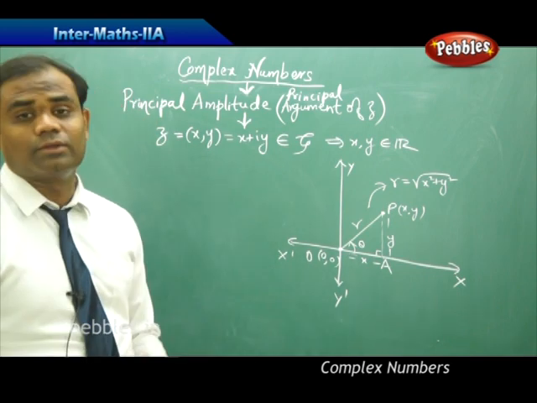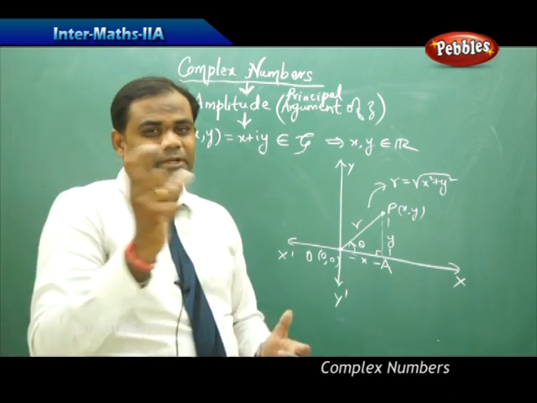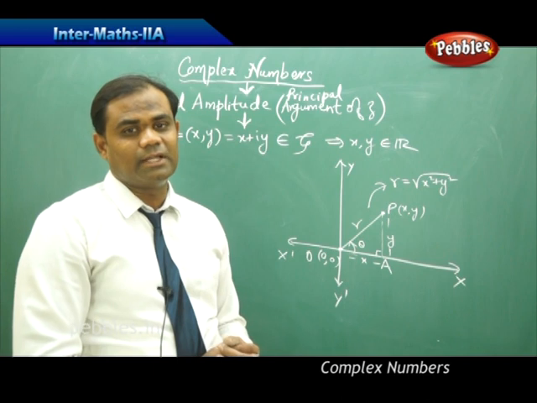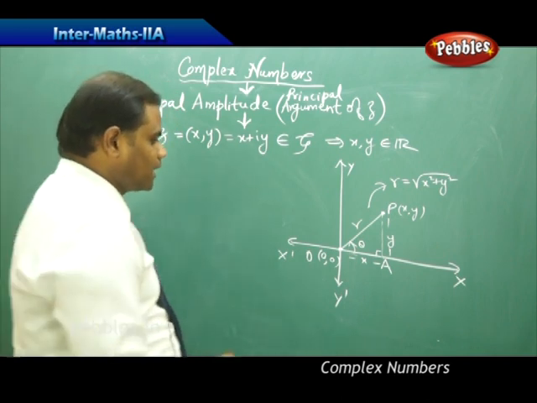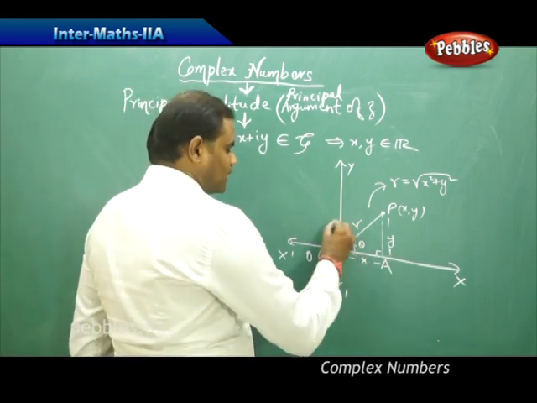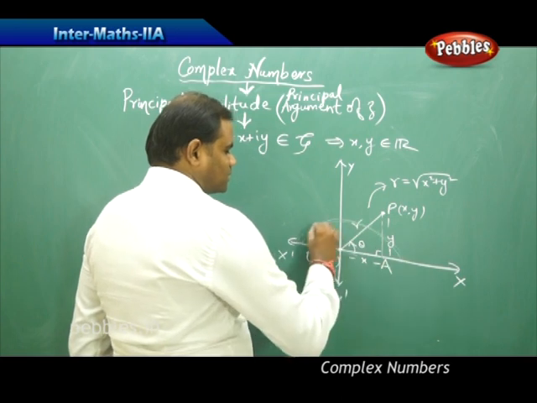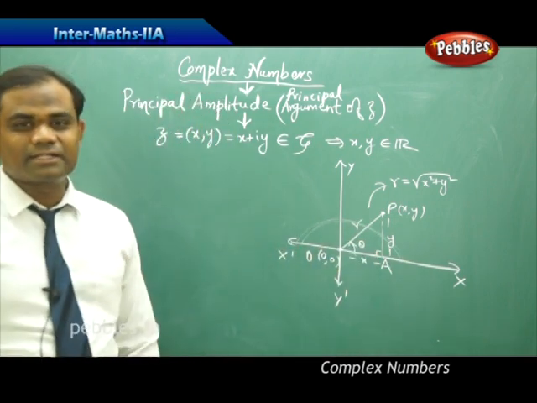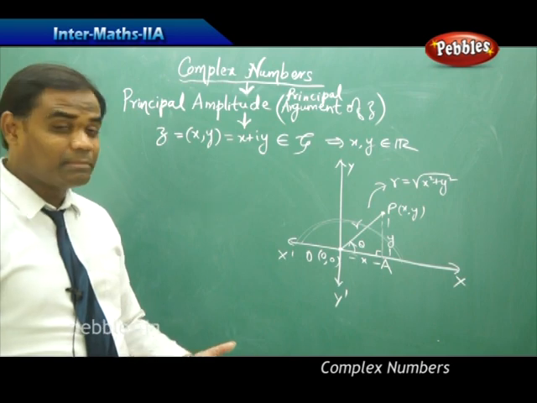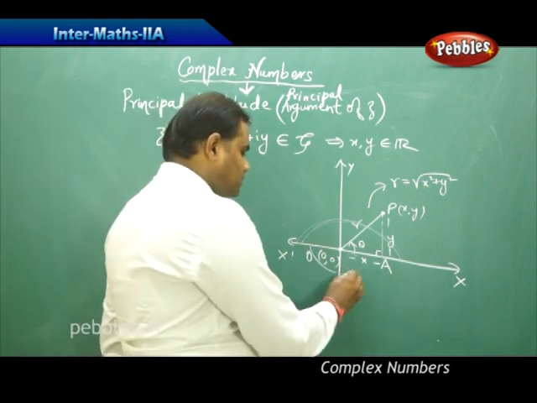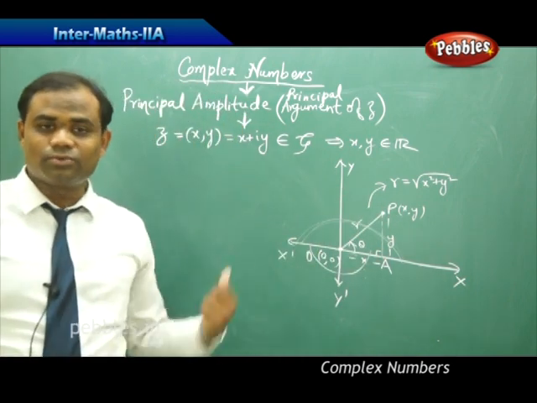or a principal argument. Now this is very much associated with the mathematical property that there exists at least one angle which ranges from minus pi to pi for which the theta satisfies equation 1 and 2. There might be another angle which lies in this region and which satisfies the two equations.